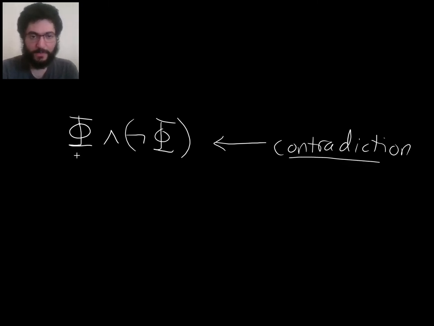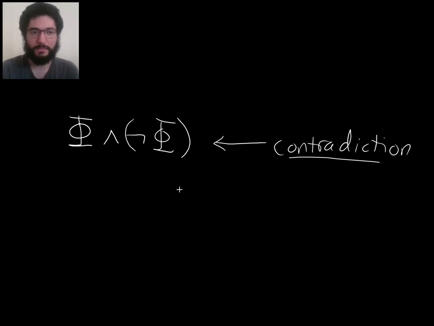So, for example, snow is white and snow is not white, right? Snow is white and it is not the case that snow is white. That's a contradiction. These are considered to be so bad, if our deductive system lets us deduce one of these, then the entire thing is broken.